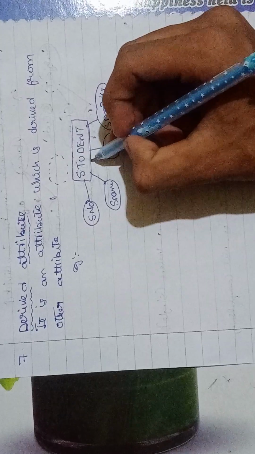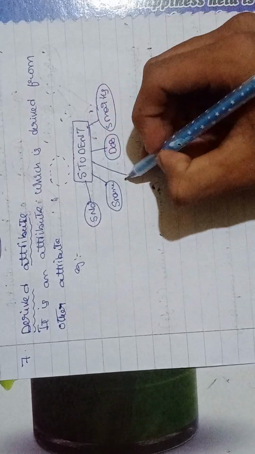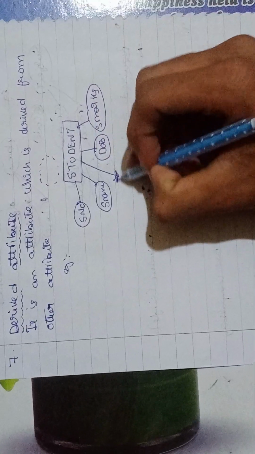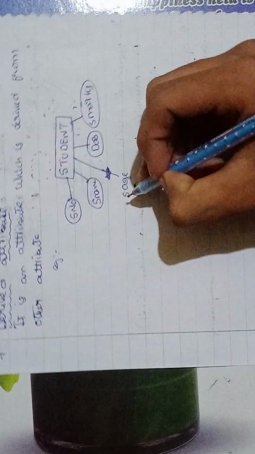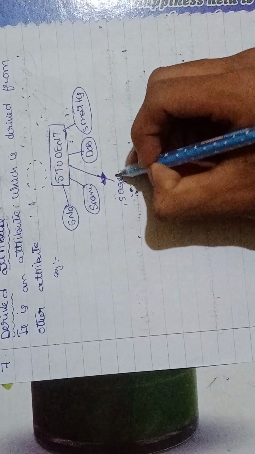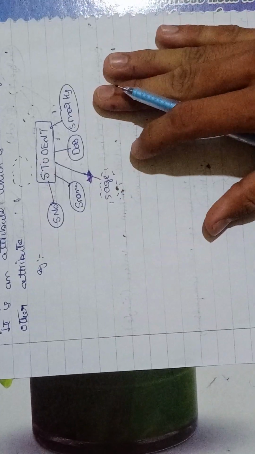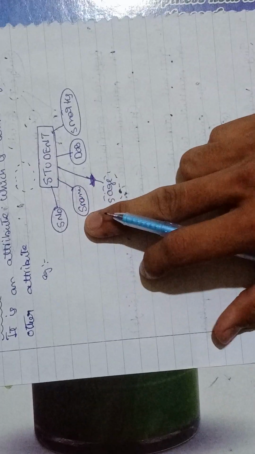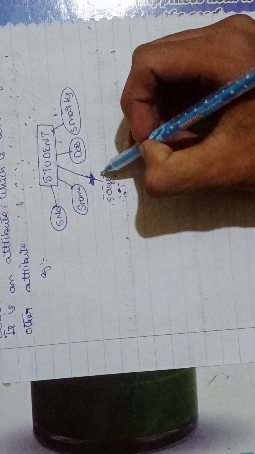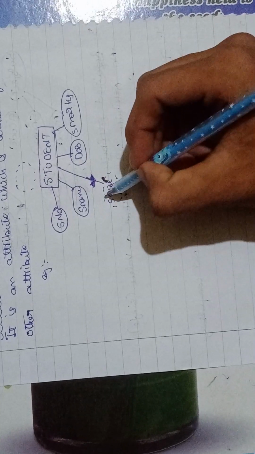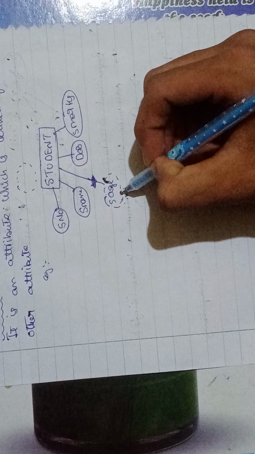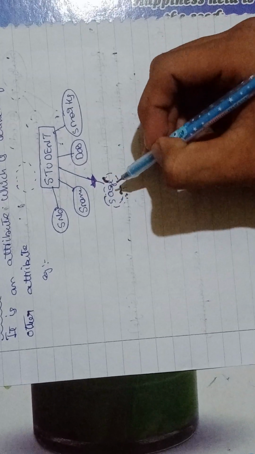And the derived attribute we can represent by age. Means student age, a dashed circle. This is the derived attribute. Means it is an attribute which is derived from other attributes. It is age, means student age. Means it is represented by dashed oval.